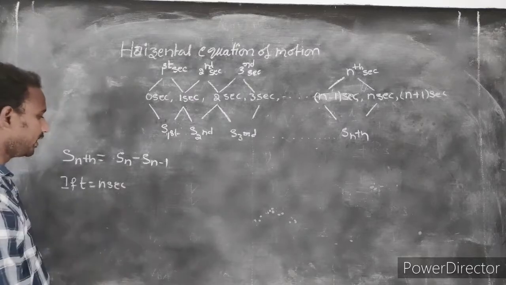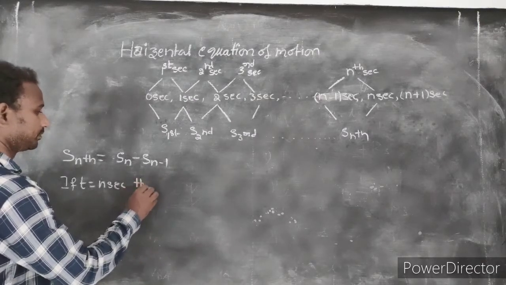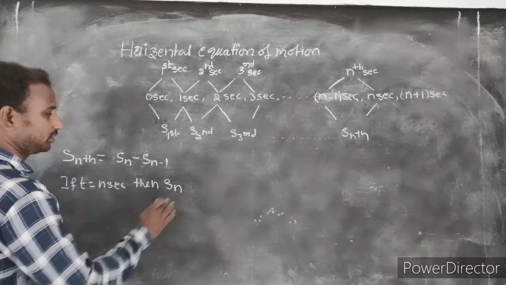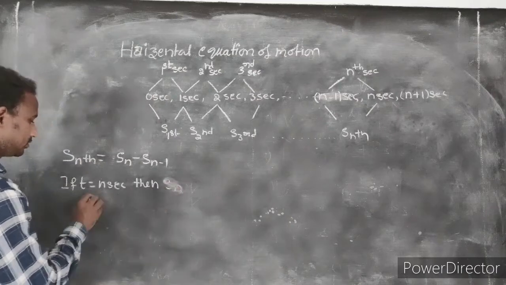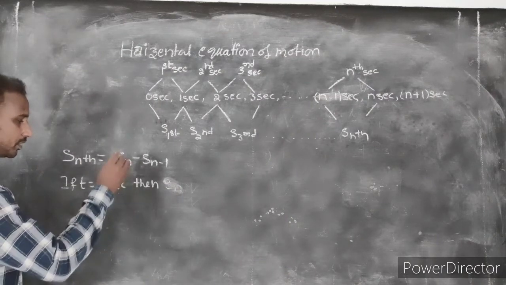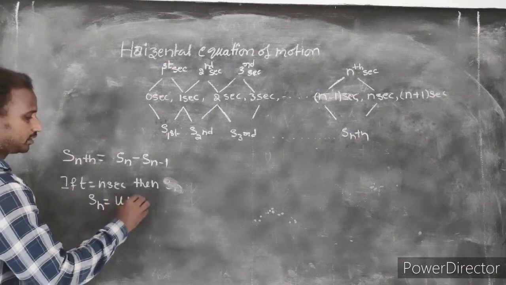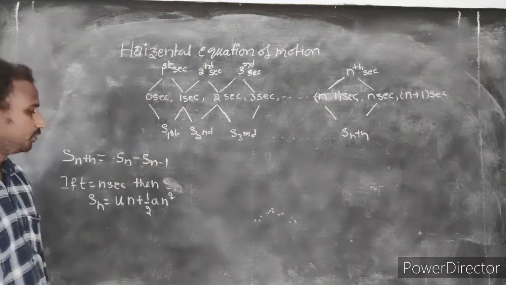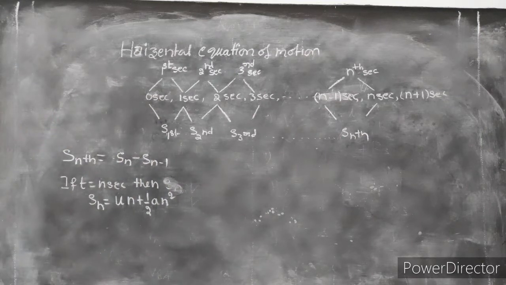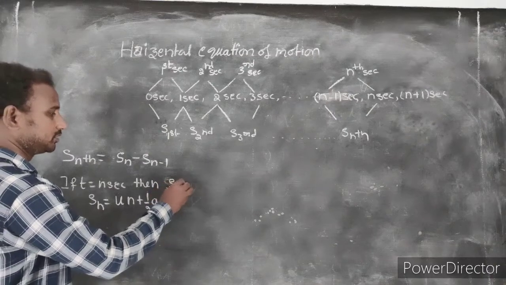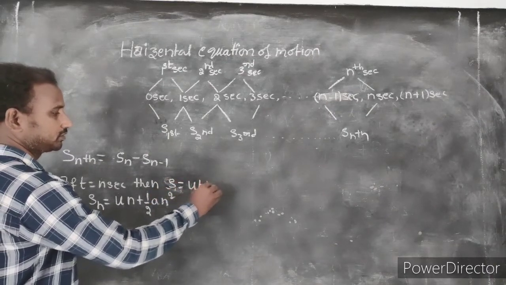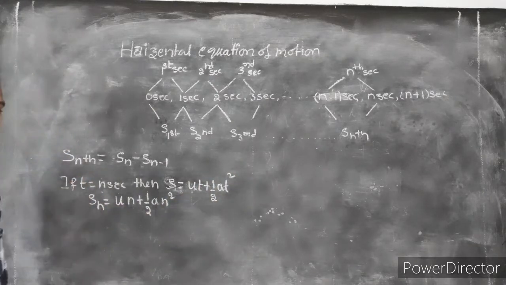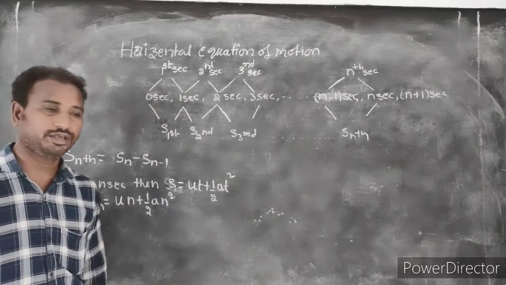Then S_n equals un plus 1 by 2 an square. What is the formula for displacement? Displacement s is equal to ut plus half at square. So in place of t we substitute n seconds. S_n equals un plus half an square.